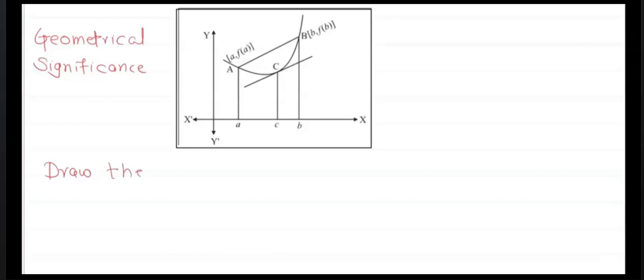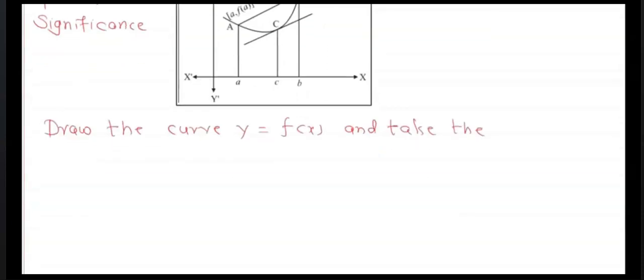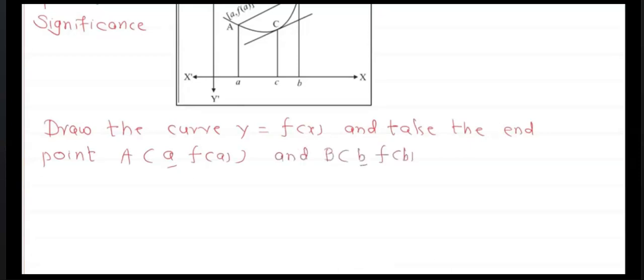And here the slope is not 0. Now the geometrical significance. Draw the curve y is equal to f of x and take the endpoints a, f of a, and b, f of b on the curve.